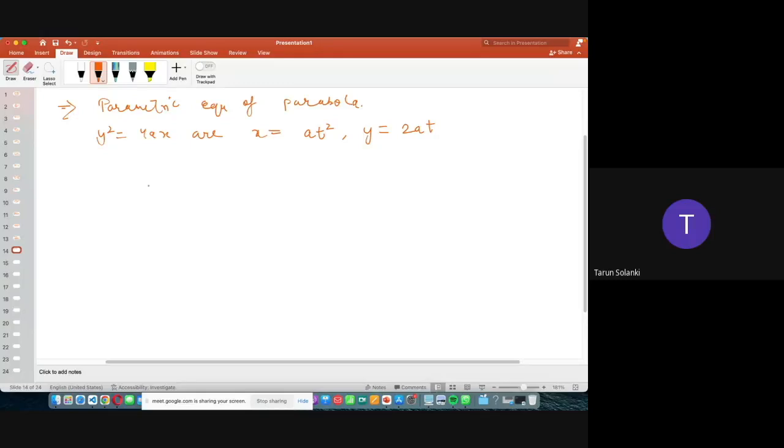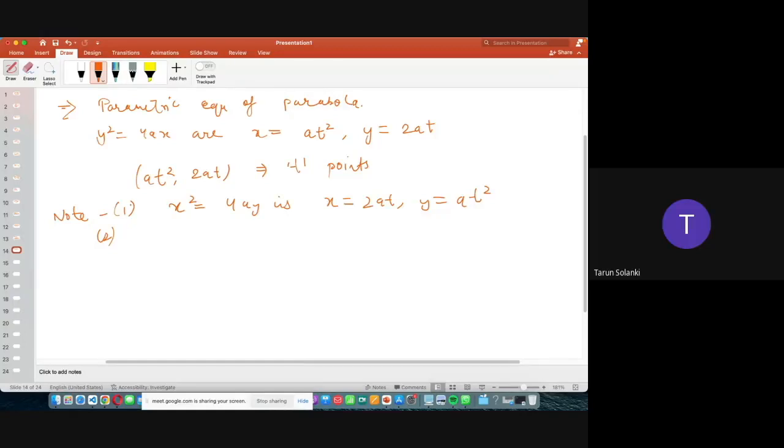Hence any point on this, (at square, 2at), is called the t point. Note first, for the parametric equation of the parabola x square equals 4ay, x equals 2at and y equals at square.